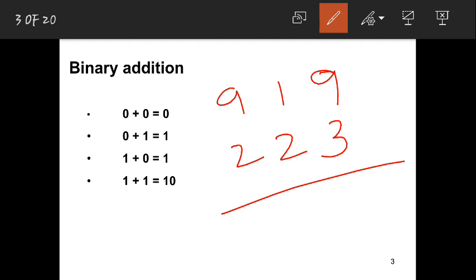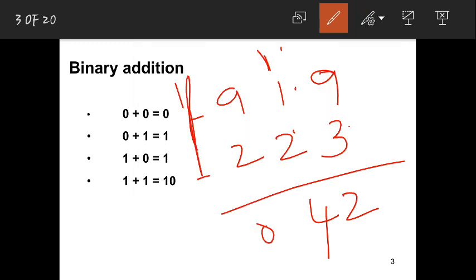The number you write here will be 9 plus 3, that means 12 you get. So you write here 2 and you write a carry of 1. Okay. Then you add 2 plus 1 plus 1, that means you get 4. After that you add 9 plus 2, you get 10. So in general, if you have any other numbers on this side, you write 0 and add a carry over there. And if you do not have any numbers towards your left side, then you directly write 1042. Okay. This is what you do.